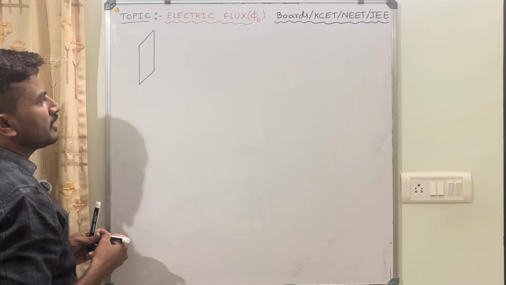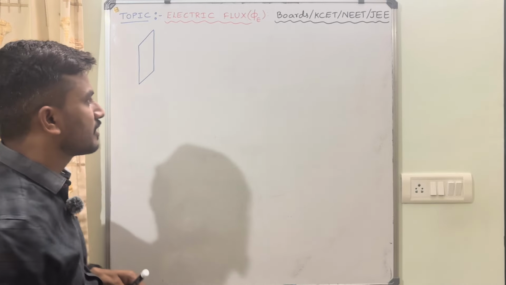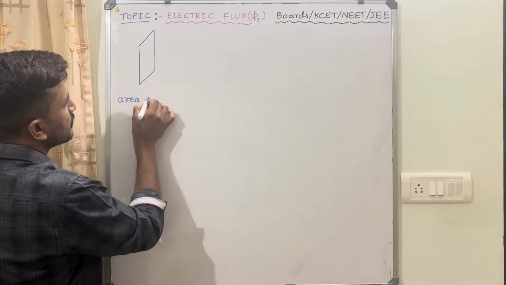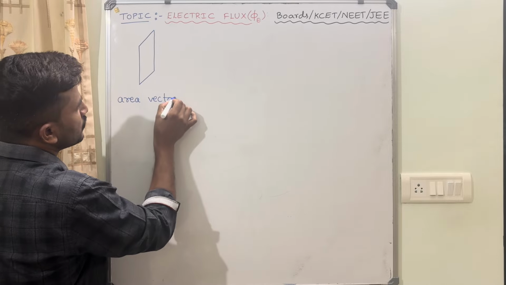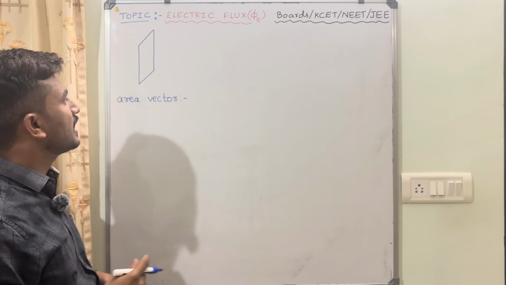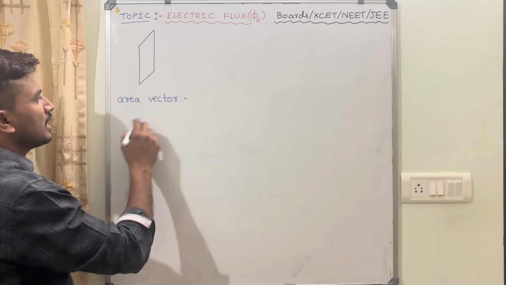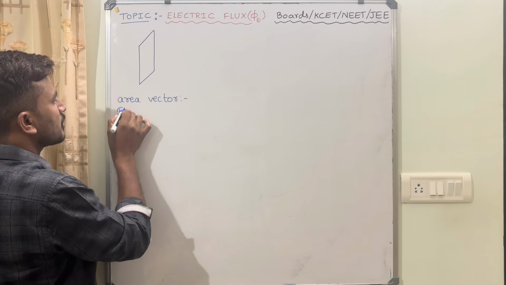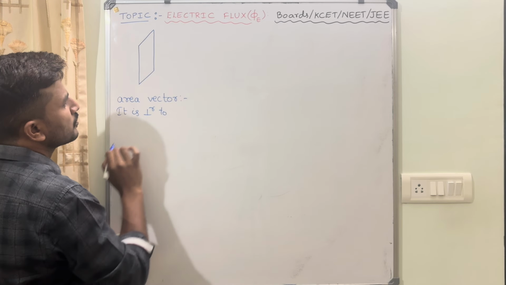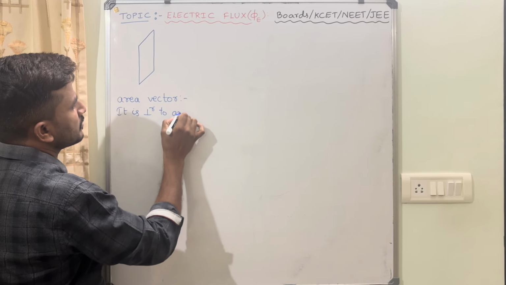So we define a term called area vector. Actually area is a scalar quantity, but here we consider area as a vector. The area vector is perpendicular to the area.